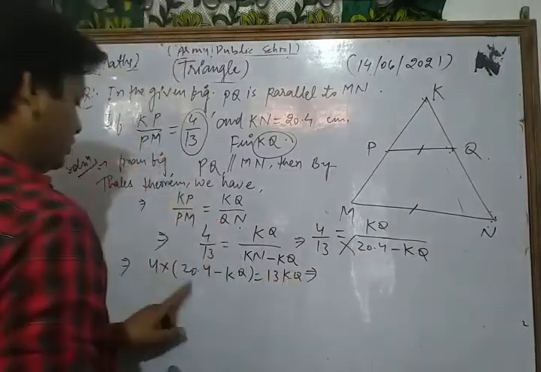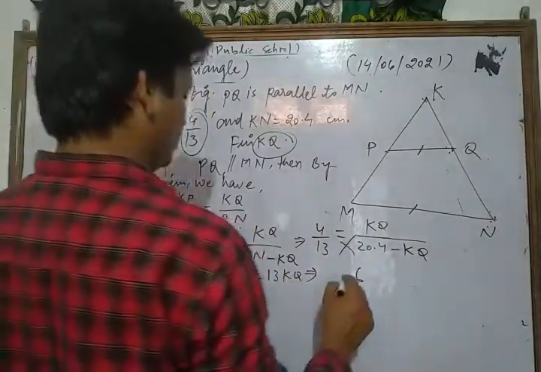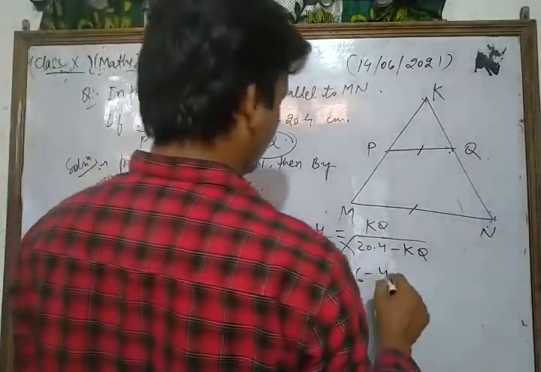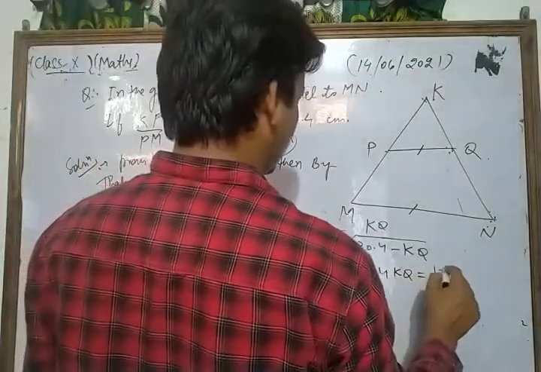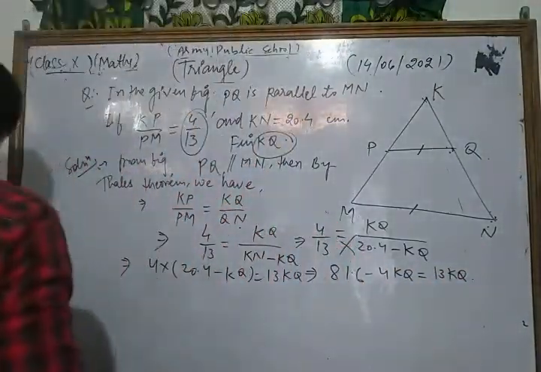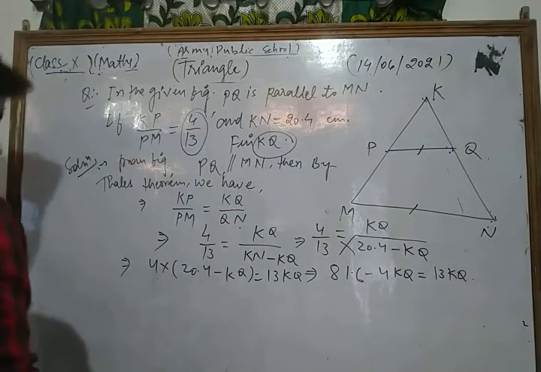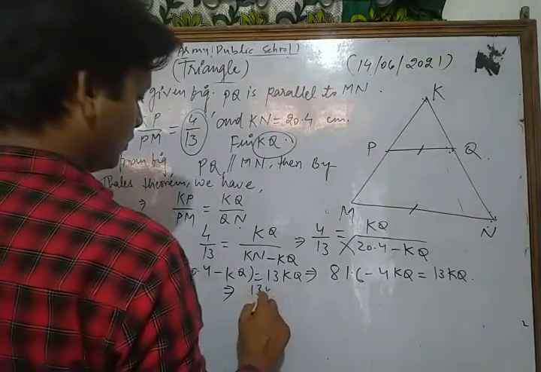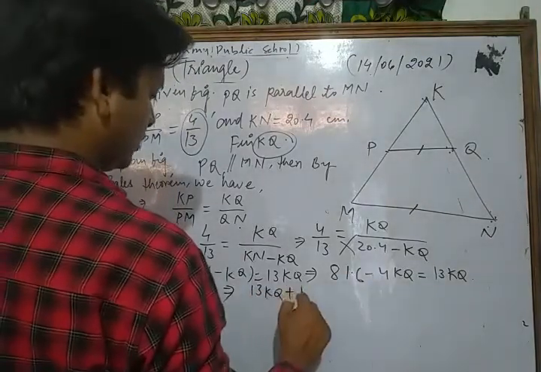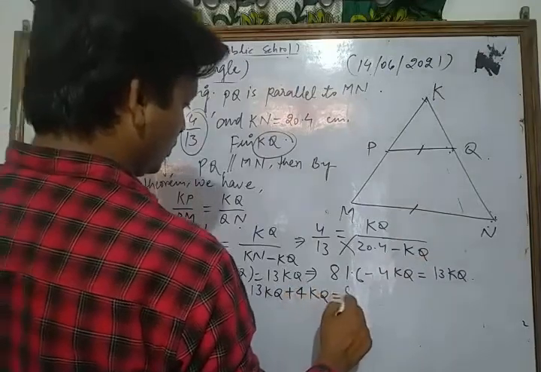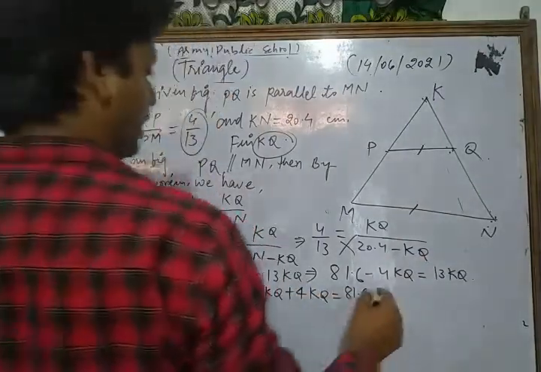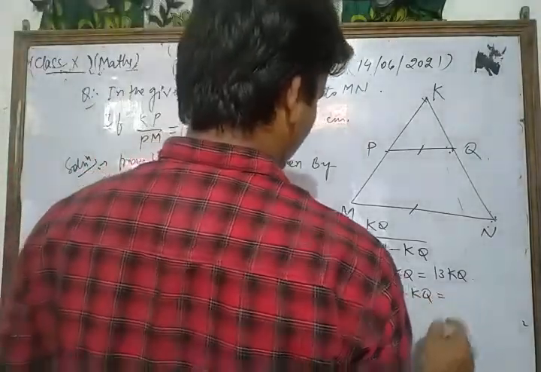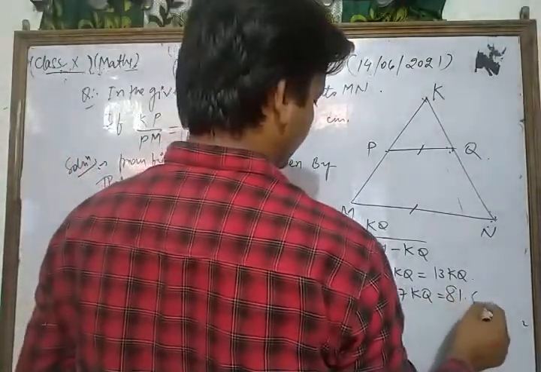So we get 81.6 minus 4 KQ is equal to 13 KQ. Now we transfer 4 KQ to that side, so 17 KQ is equal to 81.6.